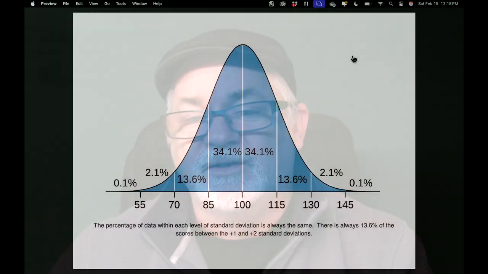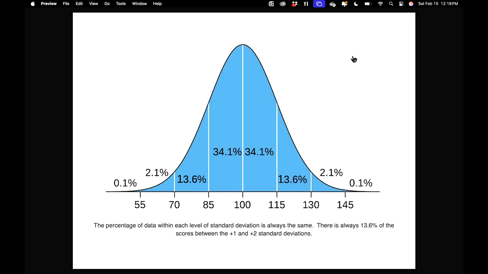We're not talking about raw data. We're talking about the distribution of sample means, which mathematically, theoretically approach the normal curve. What we will find is that particular percentages lie underneath the curve based on lines of standard deviation.